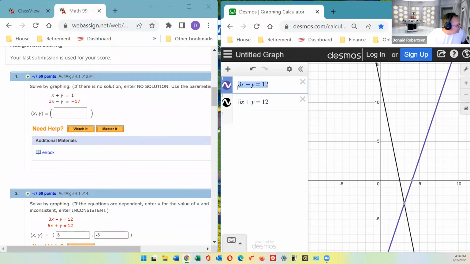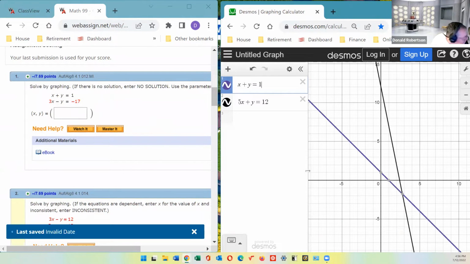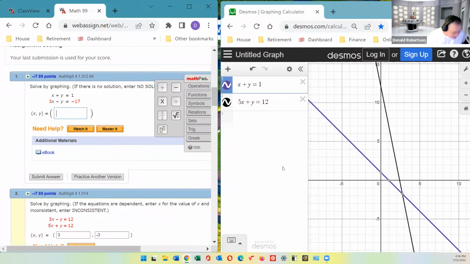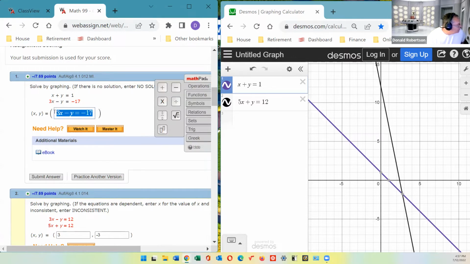This one, the first equation is x plus y equals 1. And this guy here is 3x take away y equals -17. Oh, I put that in the wrong place.